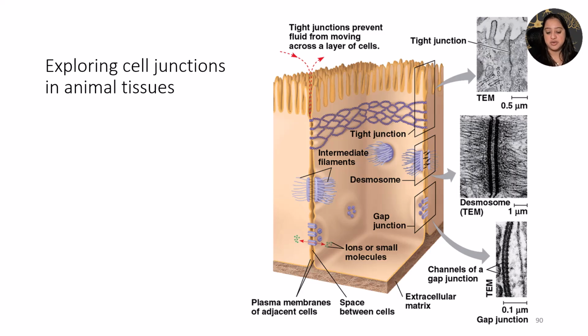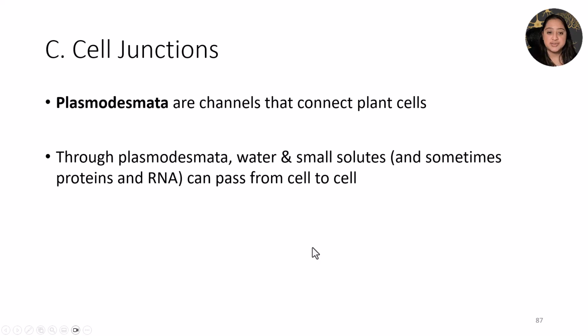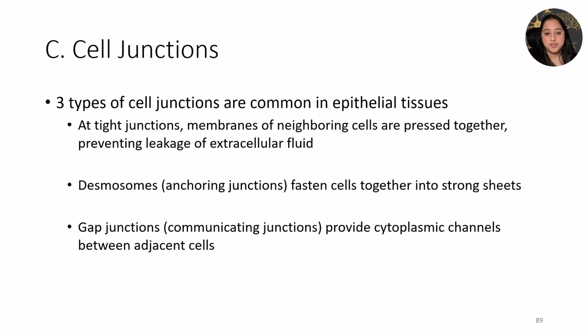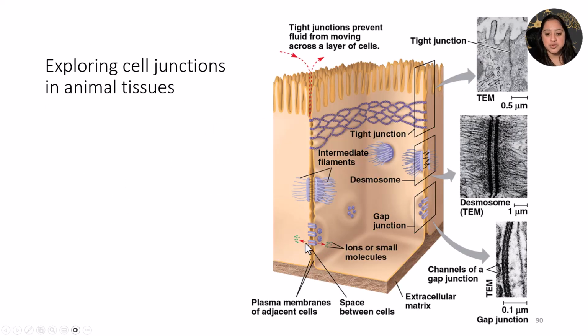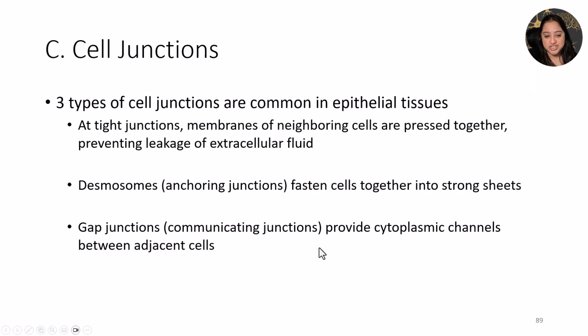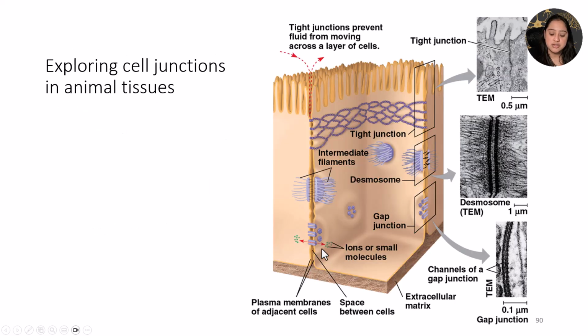If you were to think of your skin as like a layer, it's like a sheet. There's desmosomes probably holding these cells together. And then lastly are gap junctions, and these are direct connections, kind of like plasmodesmata. So through the gap junctions or communicating junctions, there are cytoplasmic channels that you just channel stuff directly through each other.